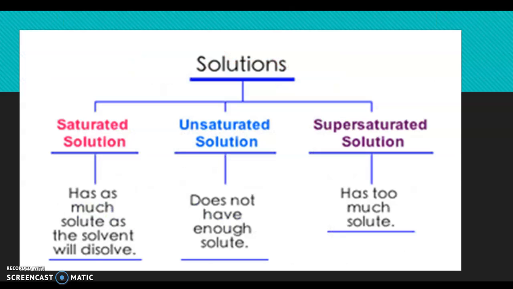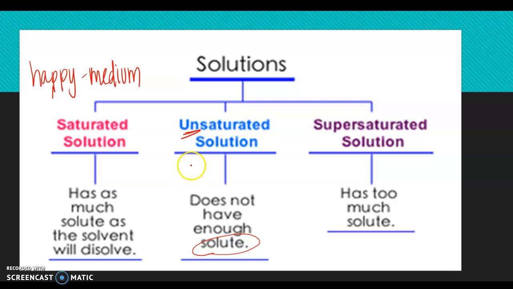Looking one more time at the saturated, unsaturated, and supersaturated solutions: remember, saturated has as much solute as the solvent can dissolve. This is your happy medium. Unsaturated is underdeveloped. It doesn't have enough solute, so we need to add more.